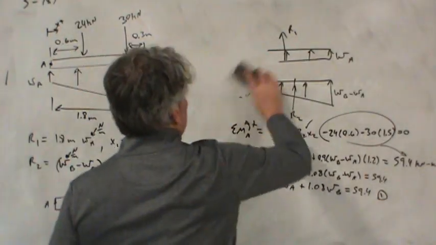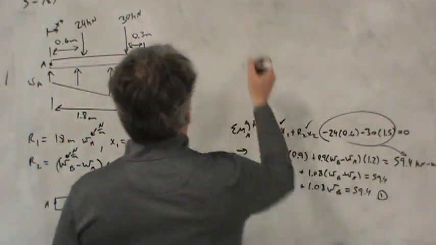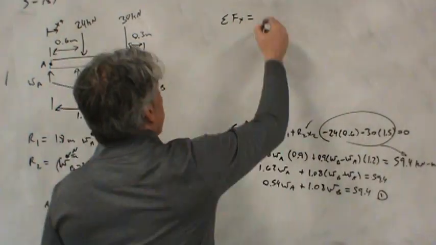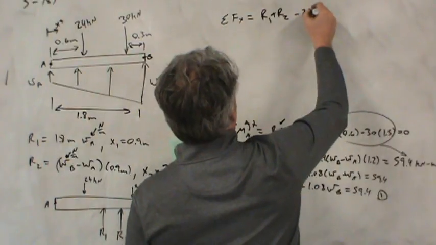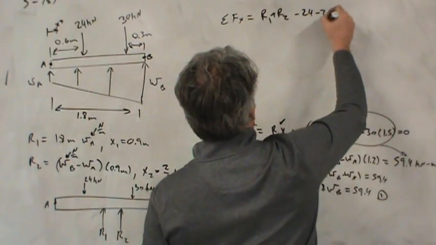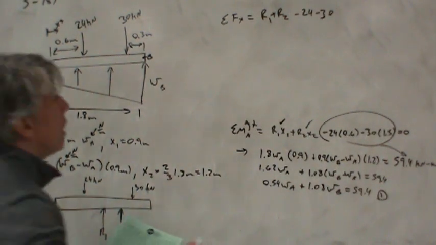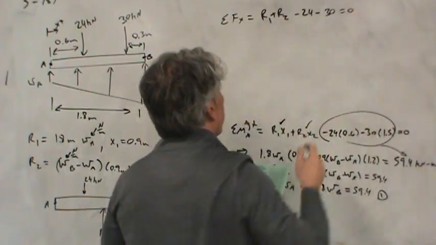Now let me erase this distributed load diagram. And let's sum forces in the vertical direction. Well, we'd have R1 plus R2 minus 24 minus 30. This sum has to be 0.